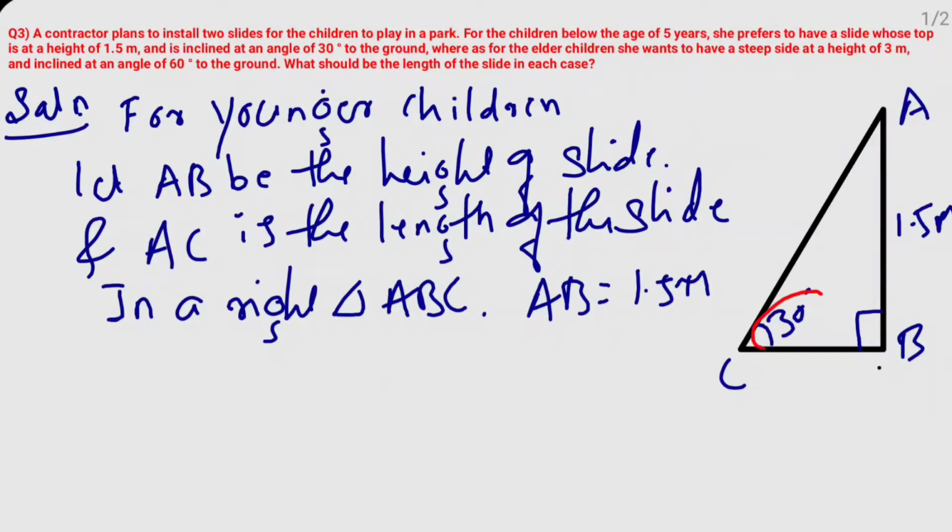So look at the figure. When we consider 30 degrees, that time AB becomes the opposite side and AC is the hypotenuse because it is opposite the right angle. Here using opposite we want to find out hypotenuse. So these two ratios, opposite and hypotenuse, we get in sin theta. So I will use sin theta.